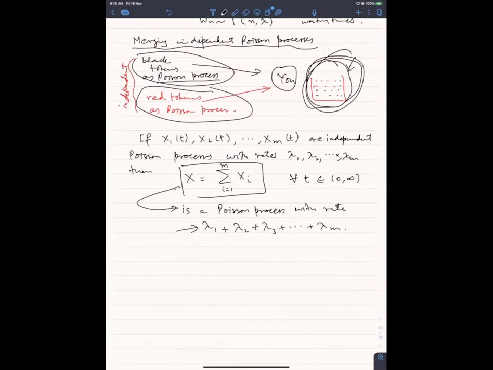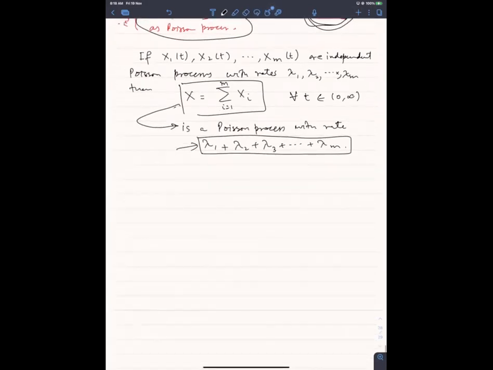Remember, this is the average value of the Poisson random variable as well, the expected value of a Poisson random variable. So this is no surprise. We probably should have known this anyway. What is notable is that it is also a Poisson process, and when you merge both, you get a Poisson process. We have shown a similar kind of example in the case of random variables.